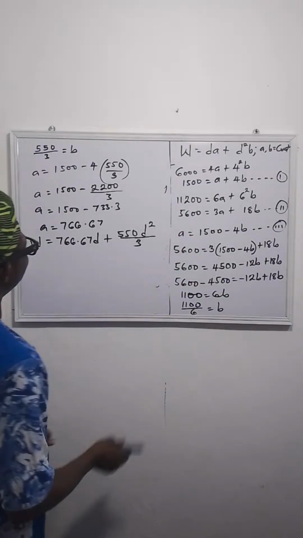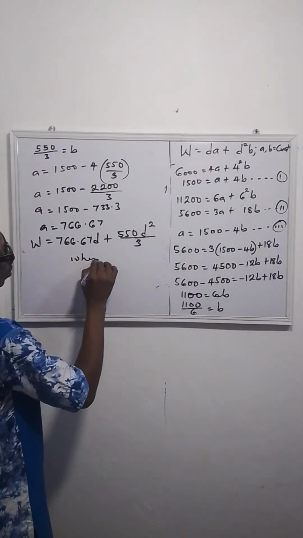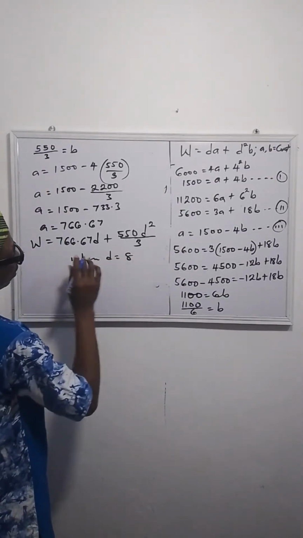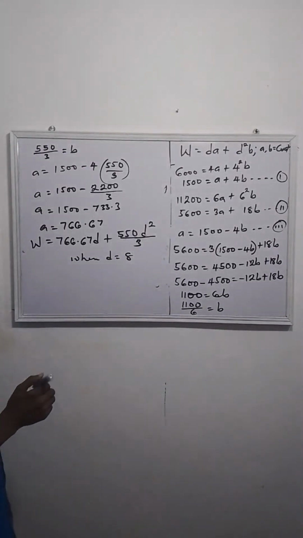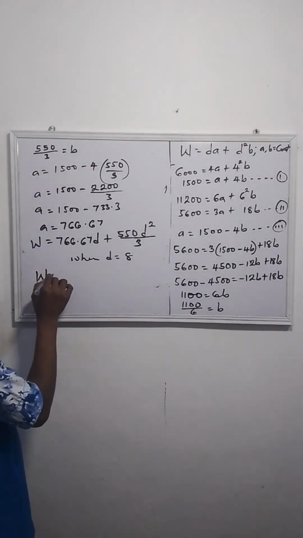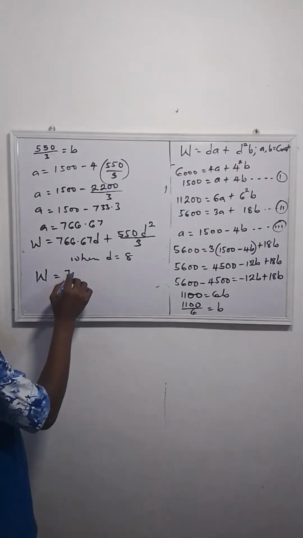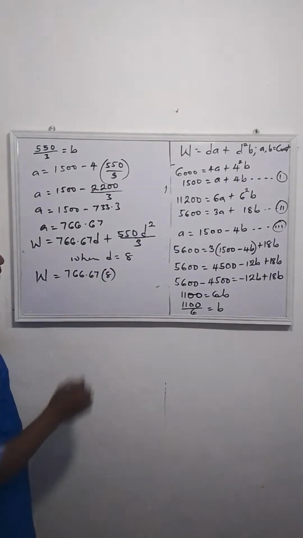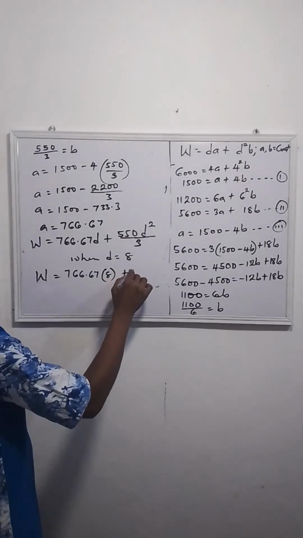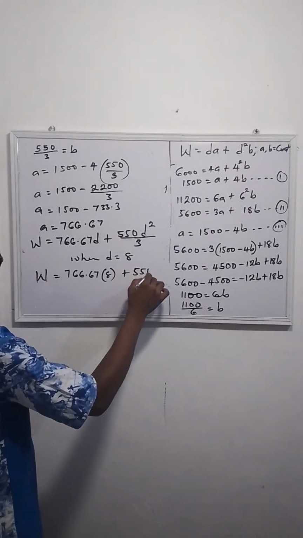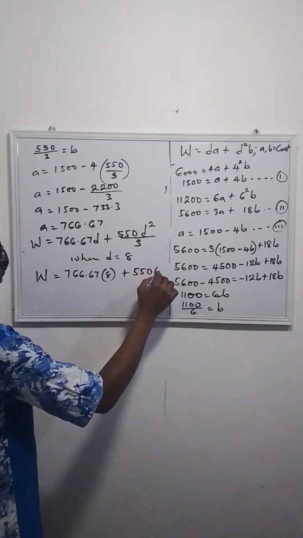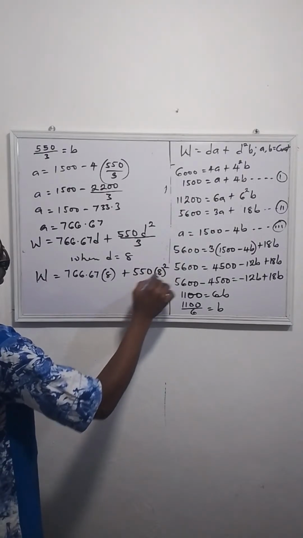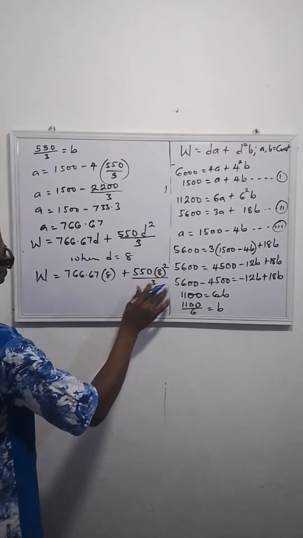So when D is 8, let's plug in the value of D. We have W equals to 766.67 times 8, plus 550 times 8 square, everything over 3.